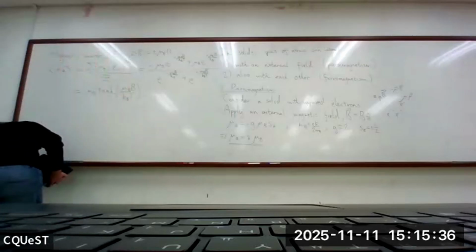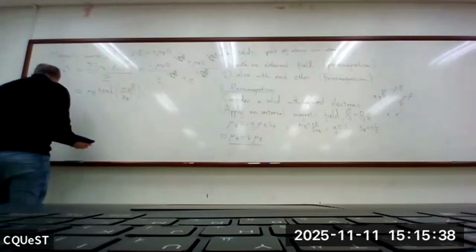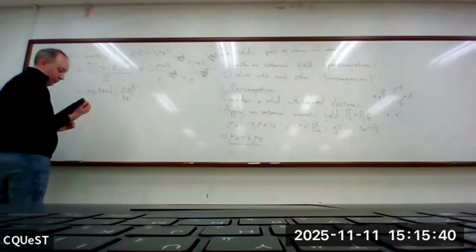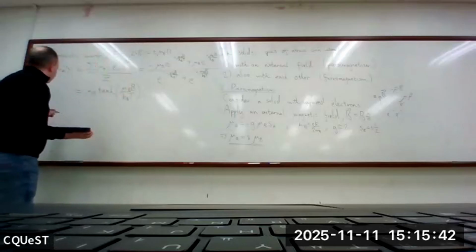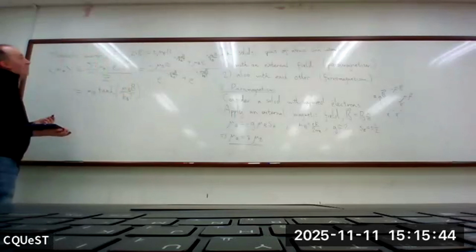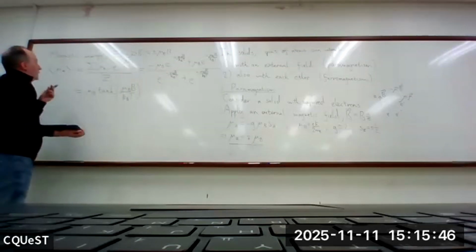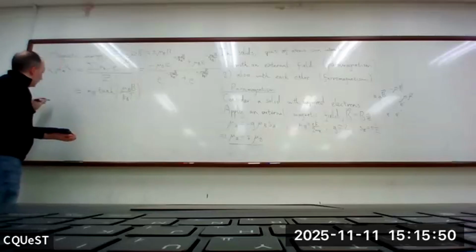This is the average magnetic moment per electron spin.